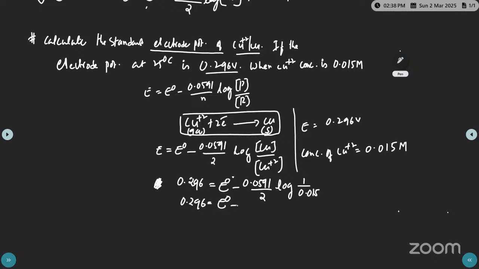So then simplify చేస్తే, so we will get 0.054.